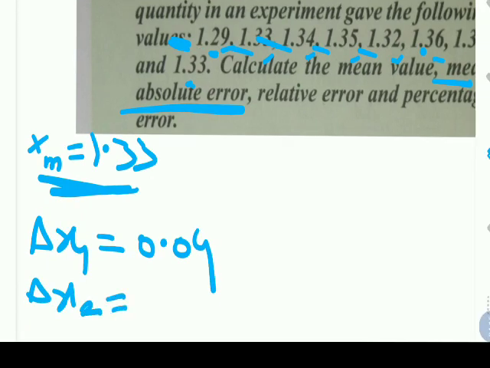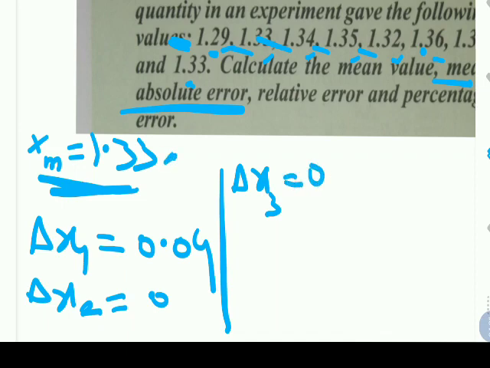Delta x2 here 33, this is also 33, so 0. Delta x3 34, 33, so 0.01. Delta x4 35, 0.02.